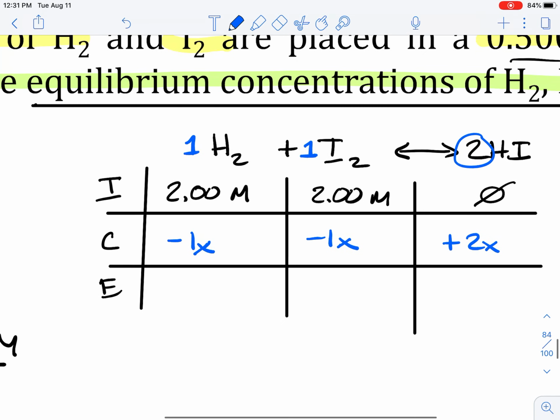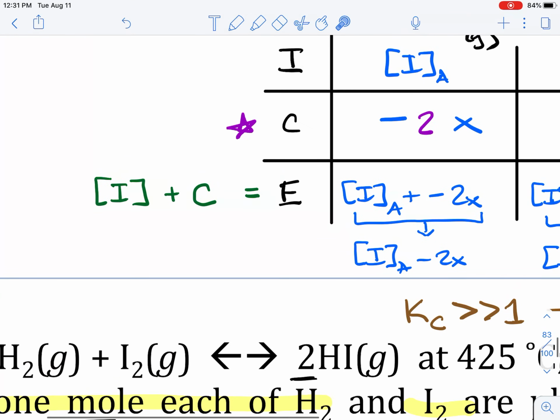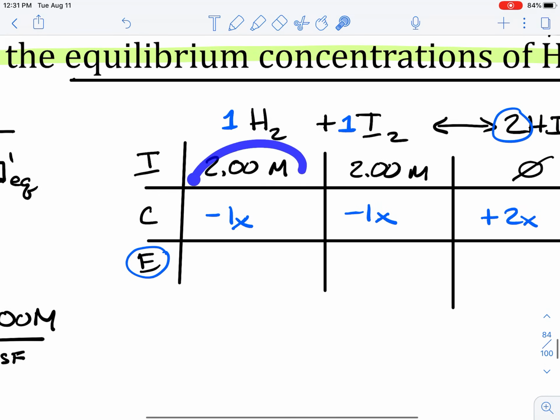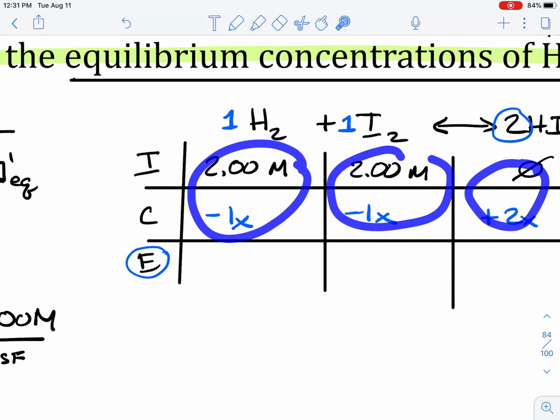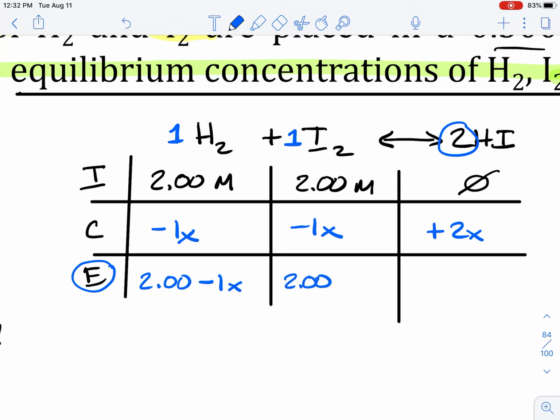And so to calculate the equilibrium concentration from this ice table, remember that we're simply adding I and C. So we're going to add these terms down. If we add this down, what we get is 2.00 minus 1x, 2.00 minus 1x, and 0 plus 2x is simply 2x.